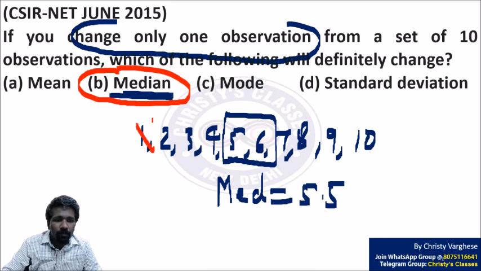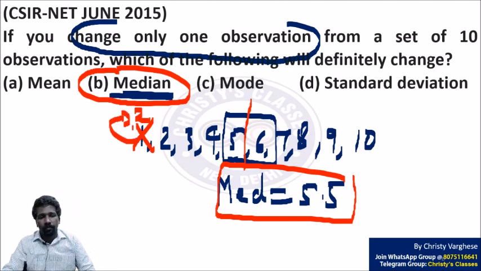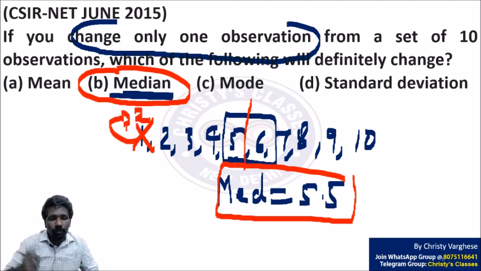If you replace 1 by 2 or 1.5 or whatever it is, the median will still remain the same, 5.5, because the middle value is not affected by changing 1 to 2. 1 replaced by 2. That means definitely change means always change.